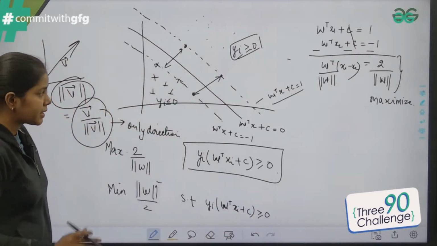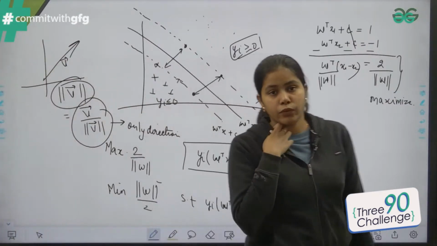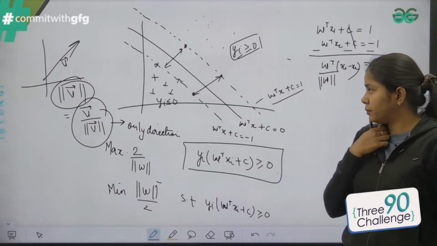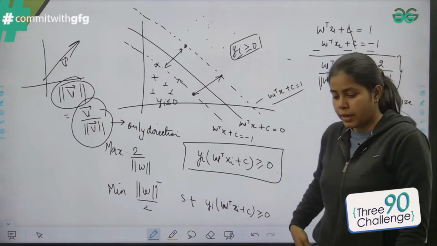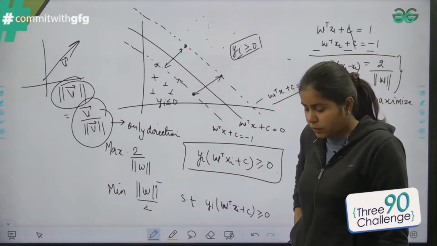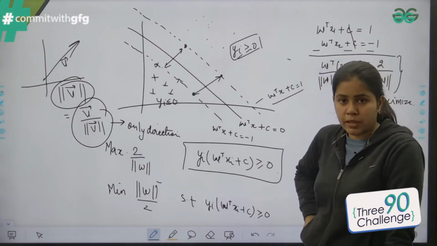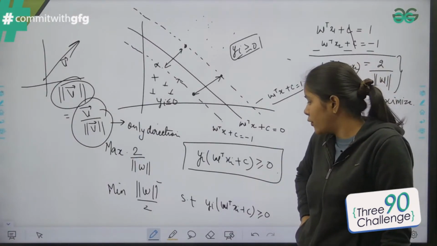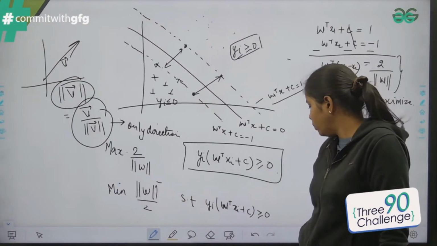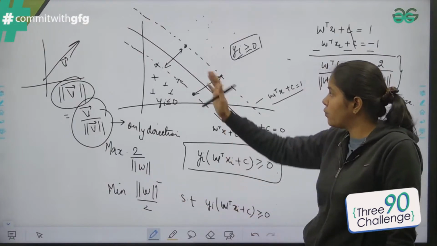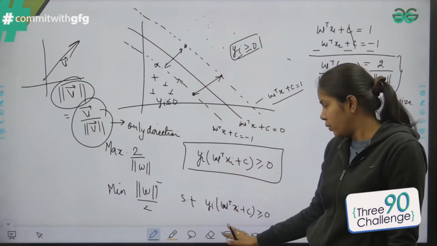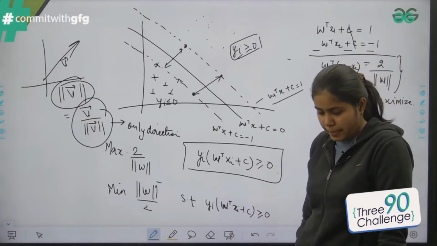Right, is it clear? Just let me know, guys, is there any confusion in support vector machine? How does this work, and how do you get positive and negative values? This is all the mathematics behind it. You just have to find the values of w and c such that you get the best hyperplane by putting all the values in this data.